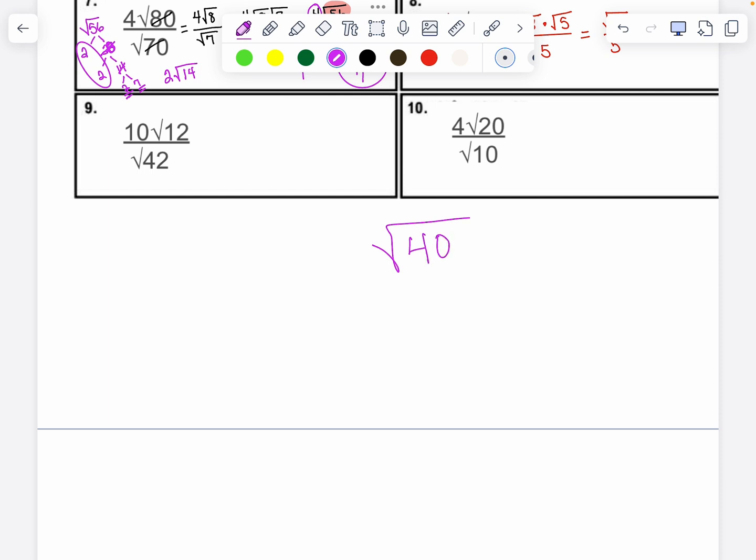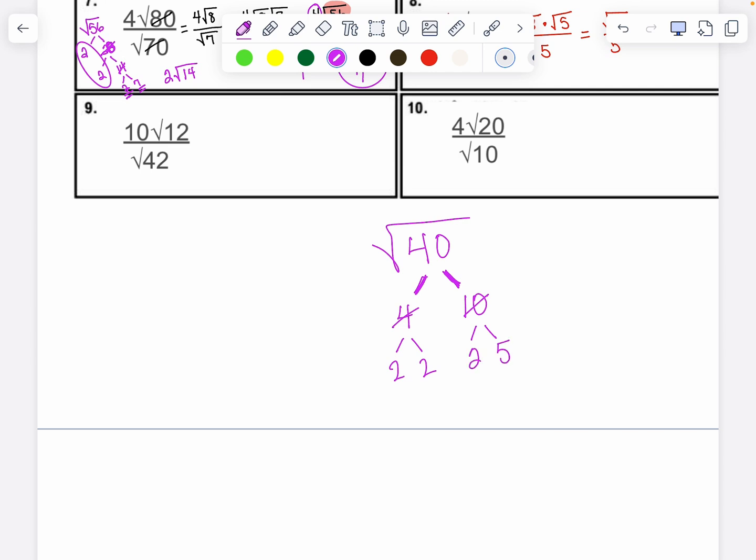You're looking for 2 things that multiply to give you 40. Any 2, because it's all going to come out the same at the end. So I'm going to say 4 times 10. And 2 numbers that multiply to give me 4 are 2 and 2. And 2 numbers that multiply to give me 10 are 2 and 5.